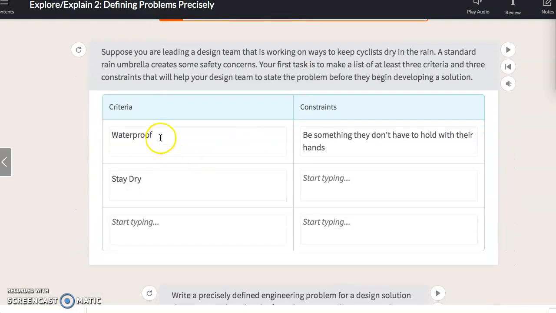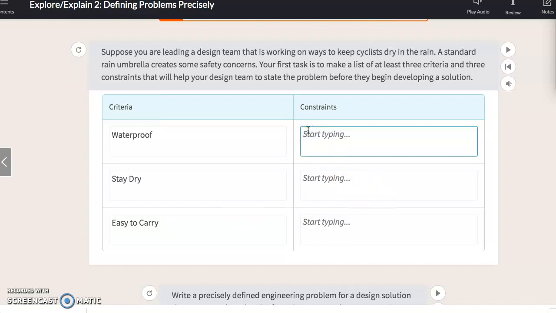So we said it's waterproof, it has to stay dry, and you have to be able to carry it, easy to carry. Constraints, actually, it has to weigh less than 1 pound, right? It has to be super lightweight.